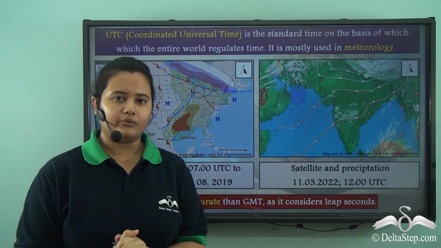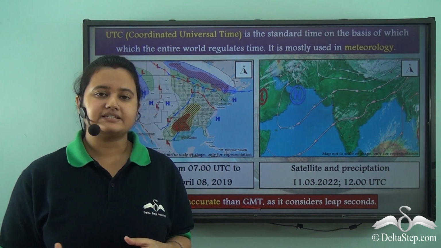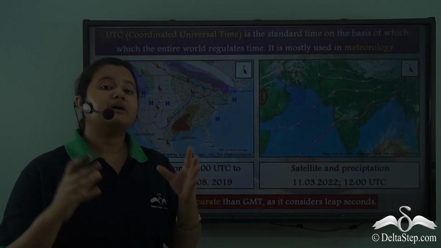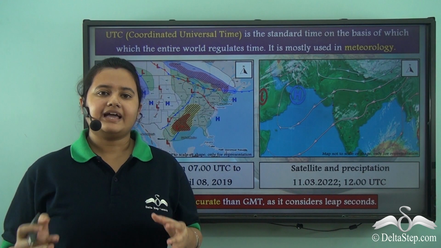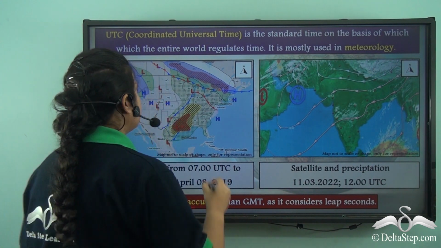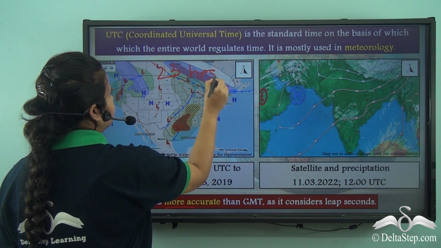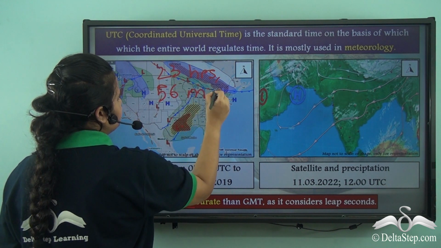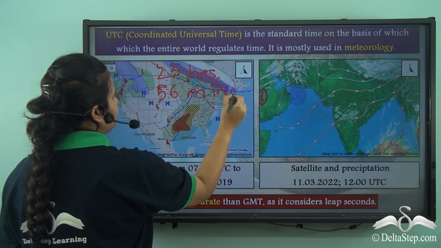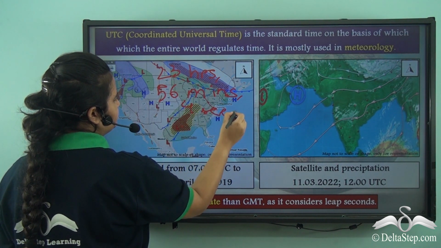I'll explain how. Well, we know that the earth rotates on its axis in 24 hours. But this is not the exact time of rotation. The exact time of rotation is 23 hours, 56 minutes and 4 seconds.